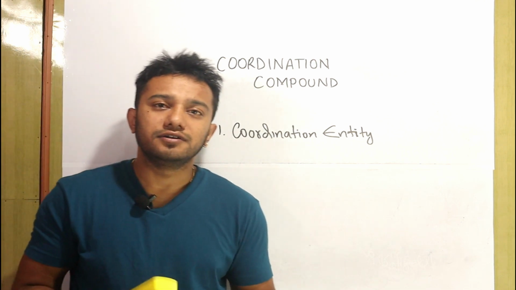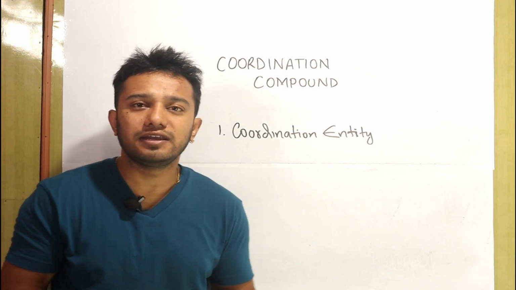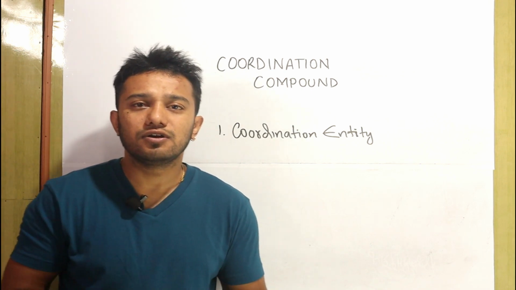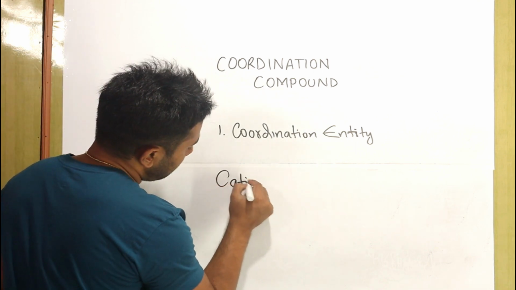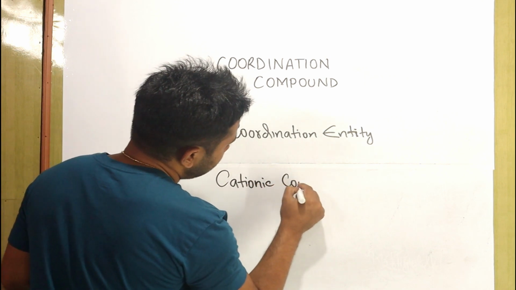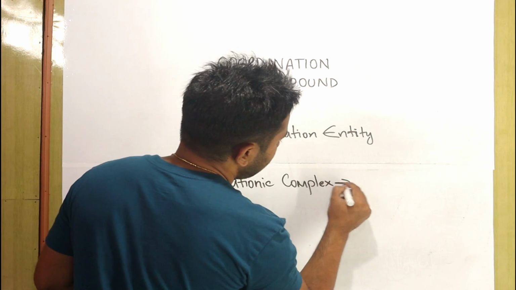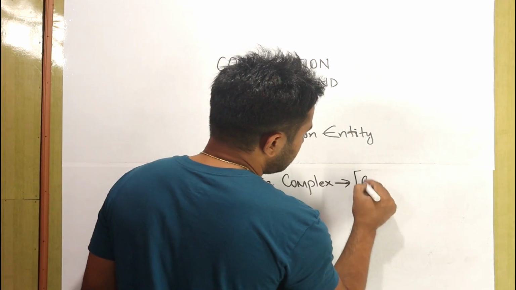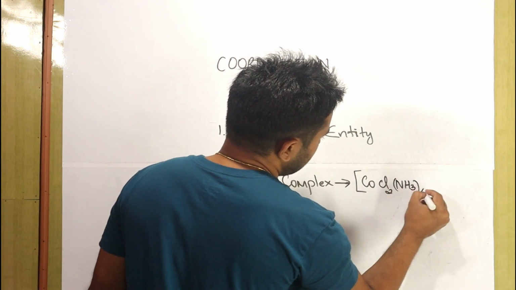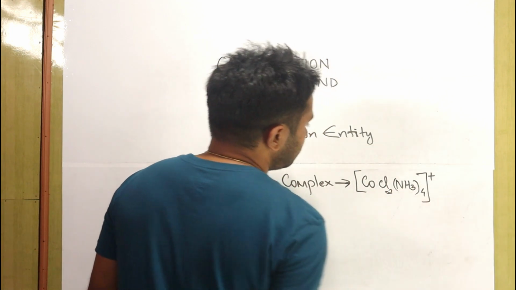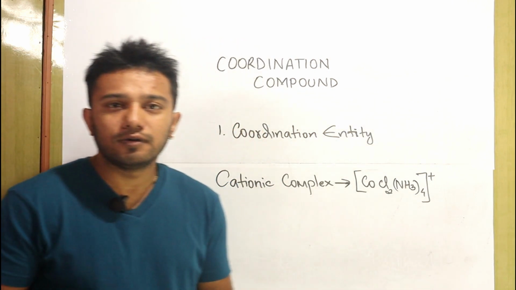So we have different types of complexes, that is cationic complex, anionic complex and neutral complex. So the first one I can write out here, cationic complex. The first cationic complex we have is [CoCl2(NH3)4]+.